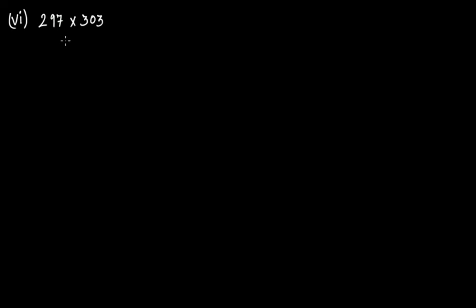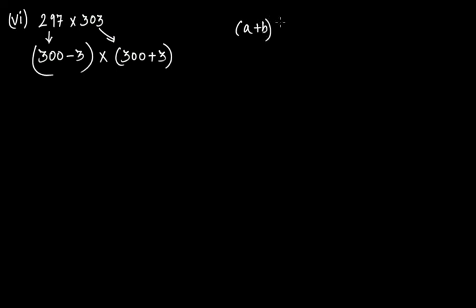This is 297 multiplied by 303. Now this 297 can be written as 300 minus 3, and this 303 can be written as 300 plus 3. Now if you remember, the standard identity number 3 says that (a plus b) multiplied by (a minus b) is equal to a squared minus b squared, right?